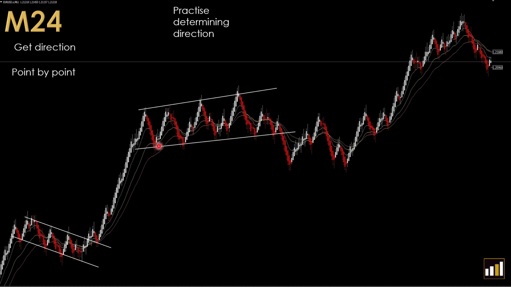So the trend line overrules everything. And even at this point here, prices are red, below your EMAs, which have not fully crossed over yet.